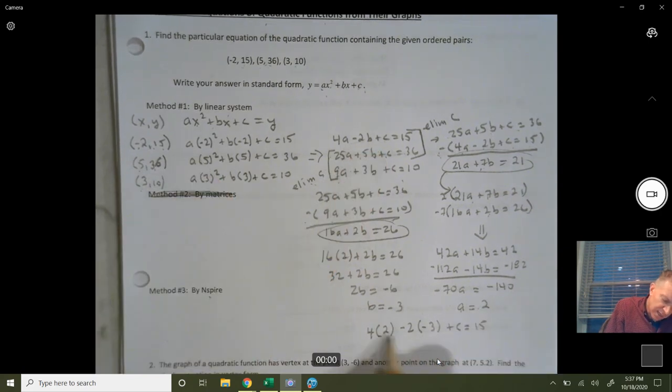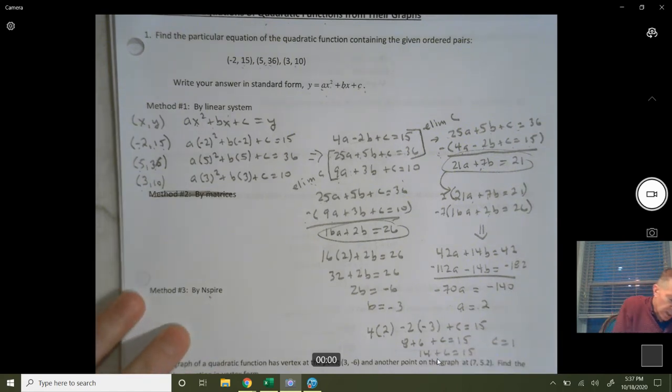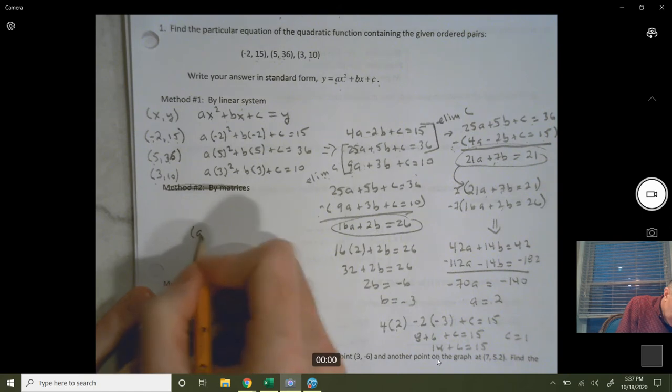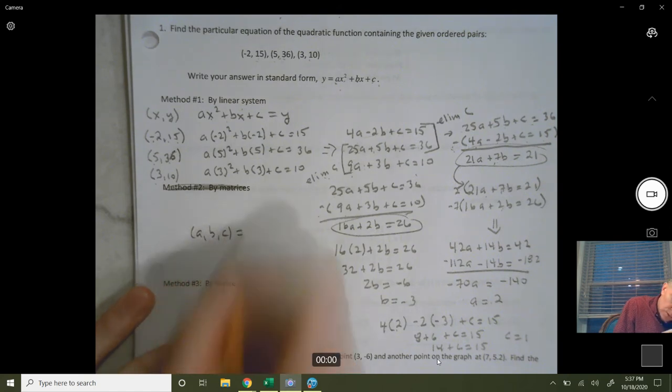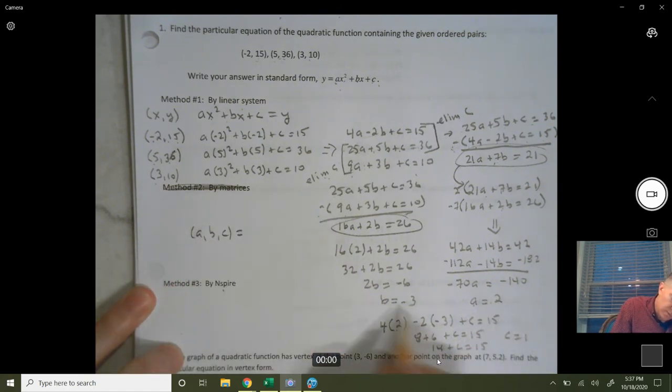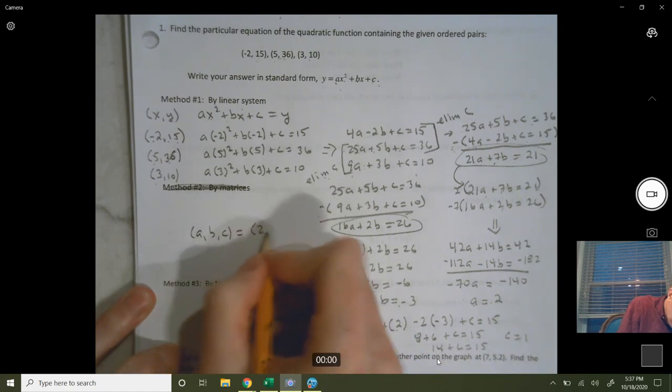So that's 8 plus 6 plus c equals 15. 14 plus c equals 15. So c equals 1. Okay. So ABC is equal to 2, negative 3, 1.